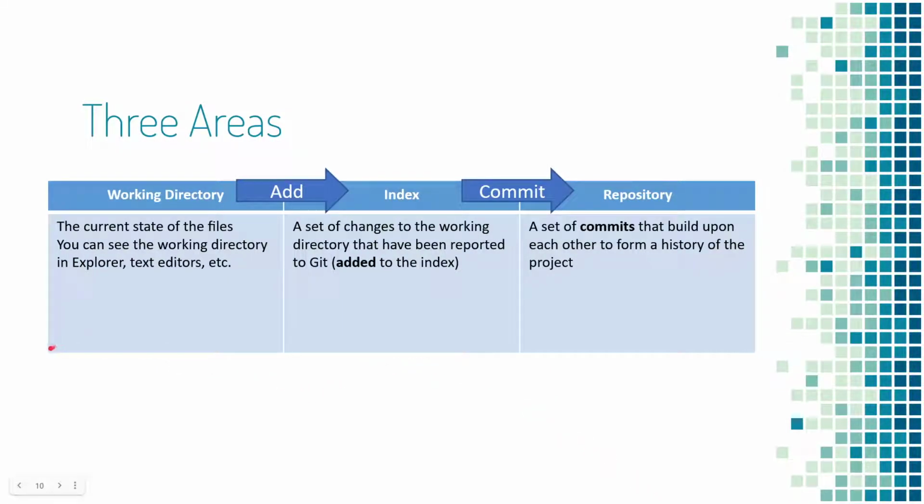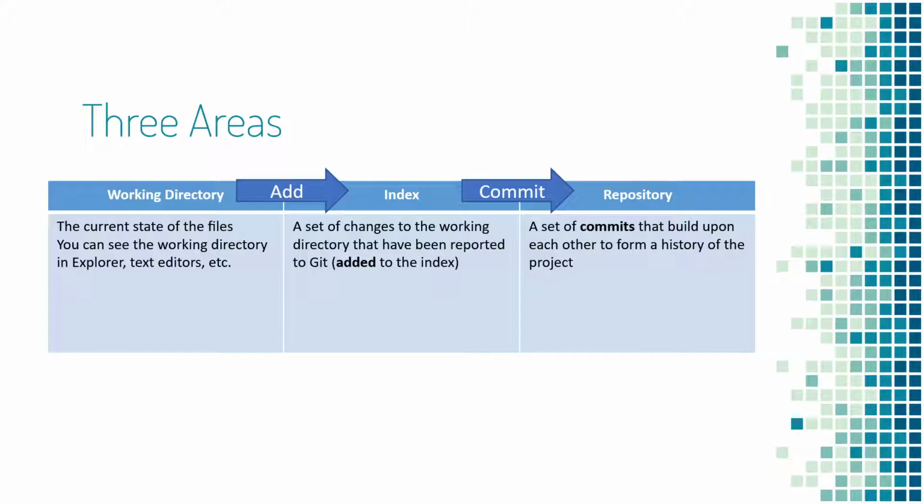But looking at it all together, this is really how working with Git works. You have the working directory, which is the current state of the files on your hard drive. You edit those to do whatever you want to do, whether it's fixing a bug or adding a feature. And then you tell Git what changes you want to record. That's usually called adding or staging. Then Git knows, okay, these are the changes you made that you want to record.